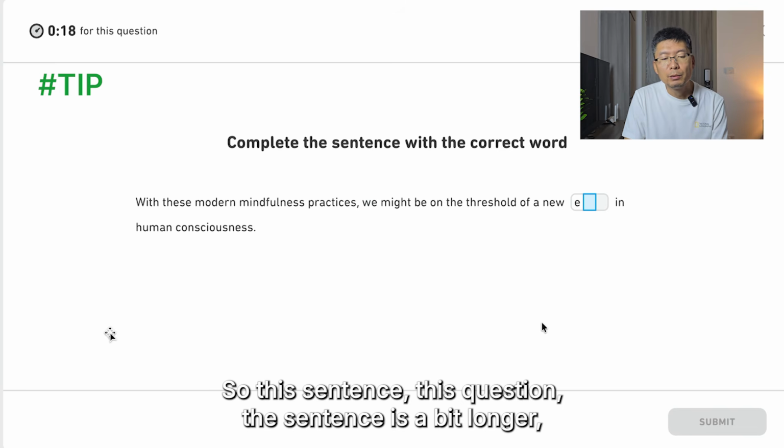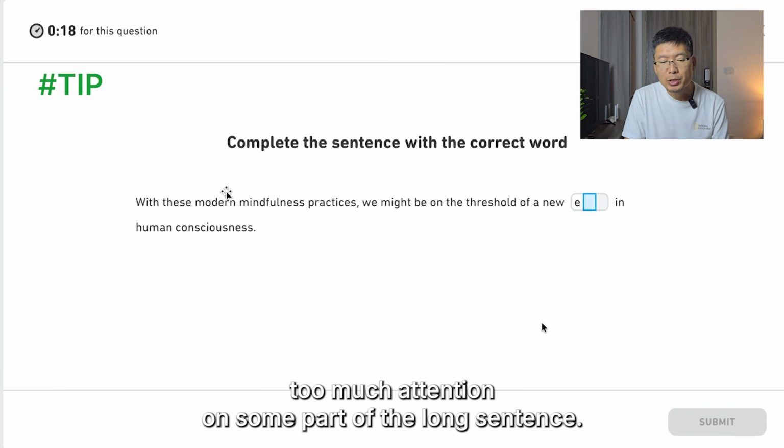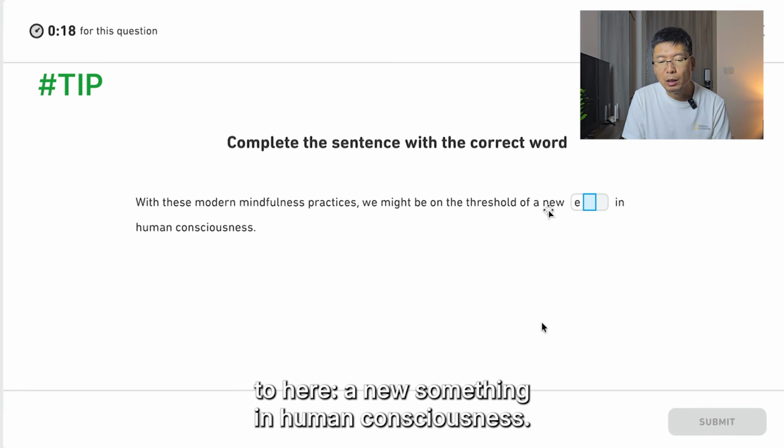Okay, so in this question, the sentence is a bit longer, but sometimes we don't need to pay too much attention to some parts of a long sentence. We can just pay most attention here: a new something in human consciousness.